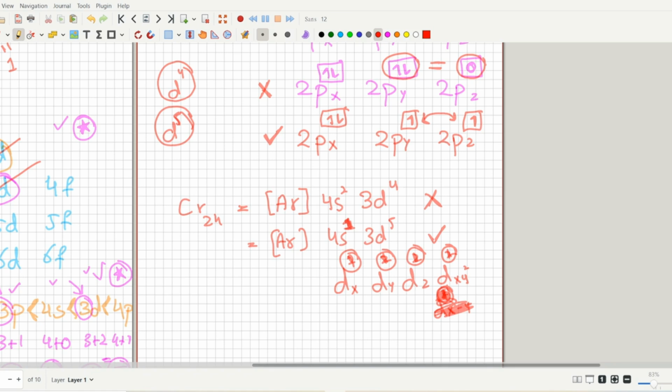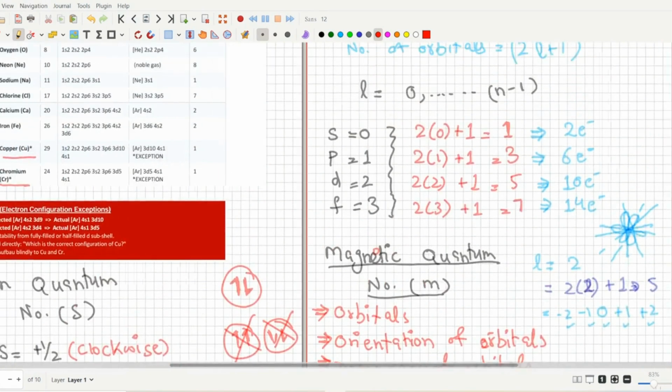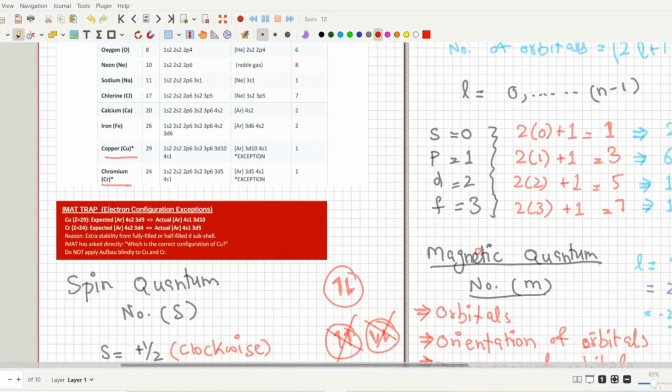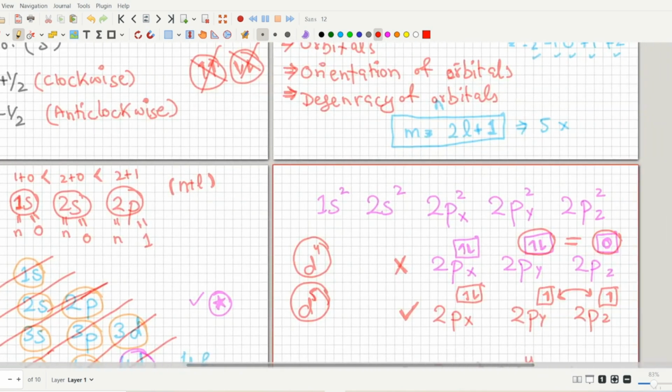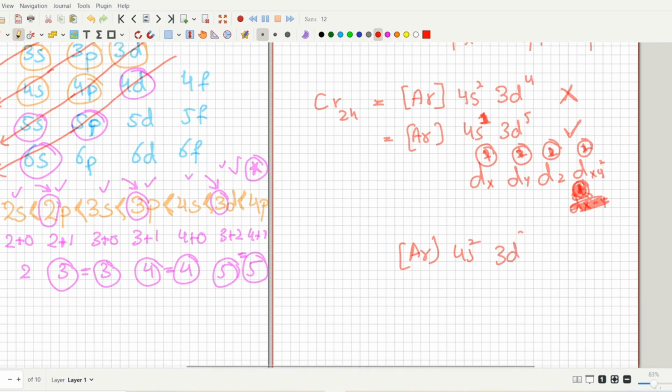That's why one electron from the s orbital jumps from s to d. The same is for copper. Copper also has like 3d9, right? It should have 3d9 and 4s2, but the problem here is that one electron from 4s2 jumps. 4s2 3d9 is unstable.